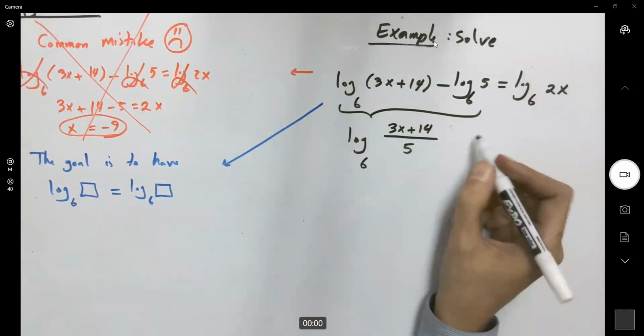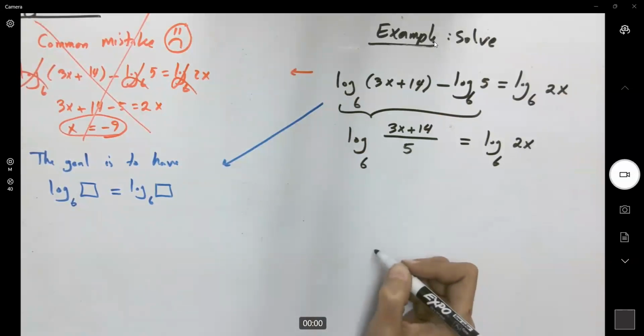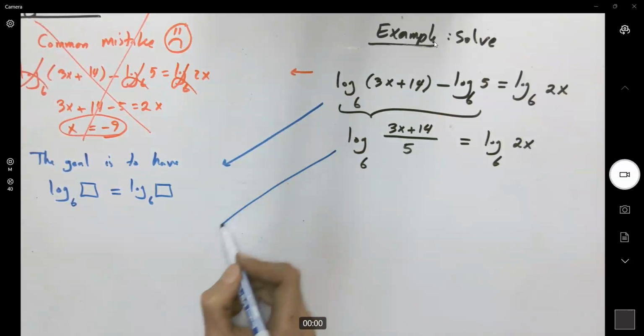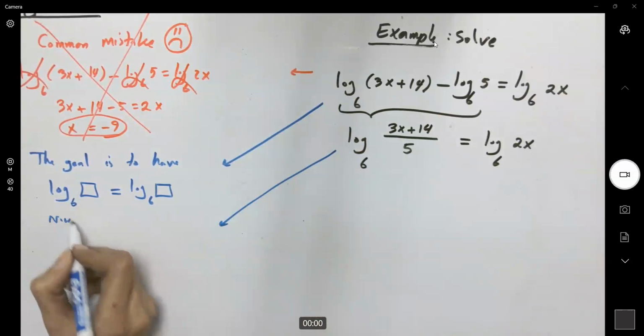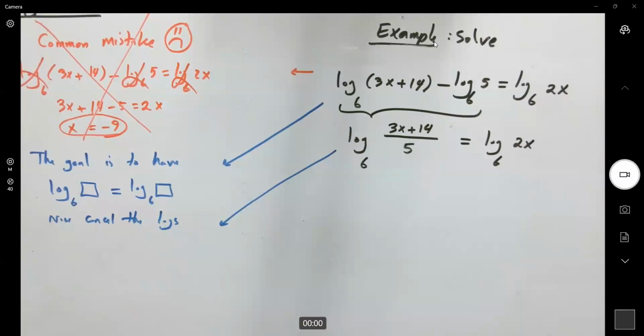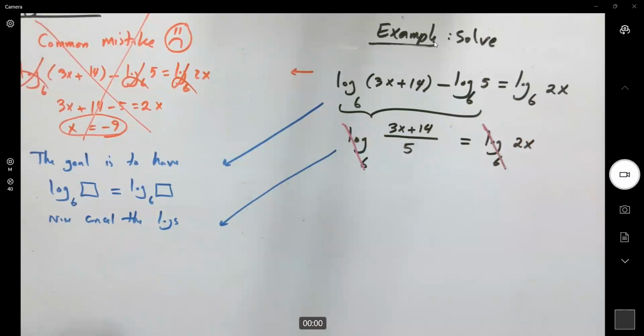On the right-hand side, just copy down whatever it is, log with base 6 of 2x. Now cancel out the logs. Log with base 6, log with base 6, these two can cancel out.